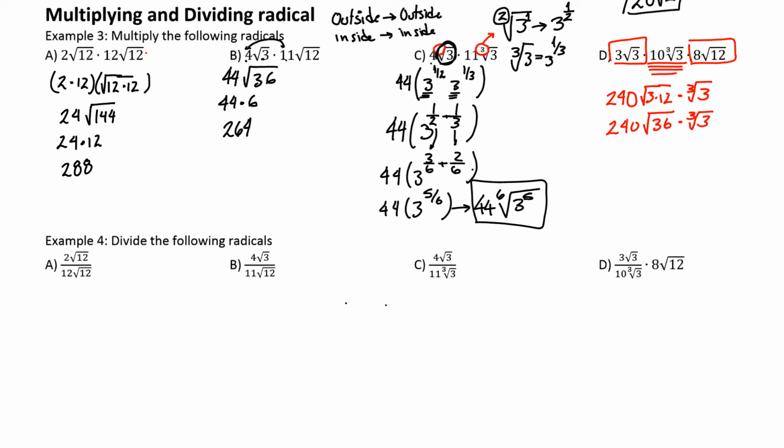Now, the square root of 36 is a perfect square root, and you're going to get 6. Now we have 240 times 6 times the cube root of 3, which will give us 1,440 times the cube root of 3 as our final answer.